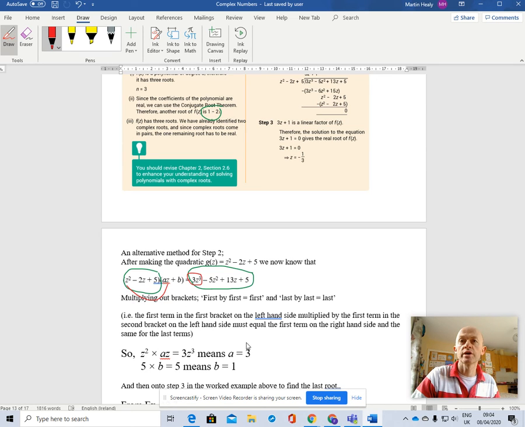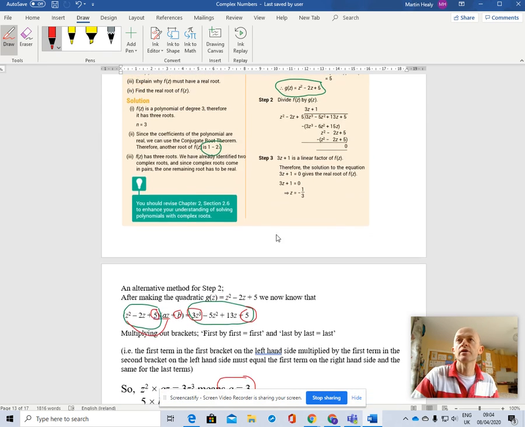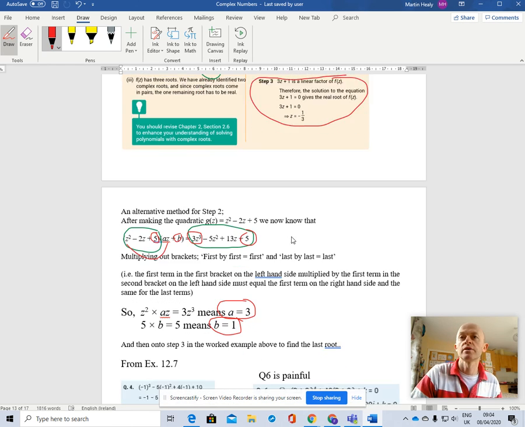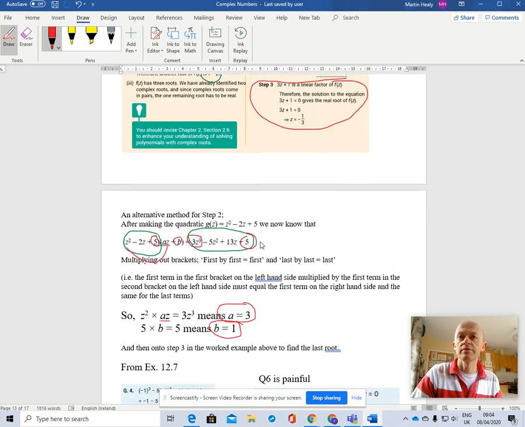And from that you can work out that a must be equal to 3. And the same when you multiply with brackets, the last term in the first bracket times the last term in the second bracket must equal the last term over here. So therefore 5 multiplied by b must equal 5, so b must equal 1. So therefore my missing linear factor is 3z plus 1. And then go back up here using 3z plus 1, work out what the root must be, and it equals minus a third. That's just an alternative method to long division if you're not a big fan of it.